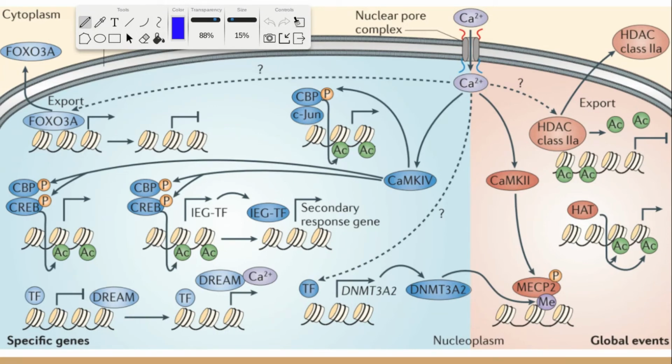Okay, so one of the last topics I wanted to cover is calcium-activated gene transcription in brain cells, which can get really complicated really fast, so we're just going to stick to the basics. But basically, calcium enters the nucleus through simple diffusion, right? There are very large nuclear pore complexes. Calcium can diffuse right into the nucleus.